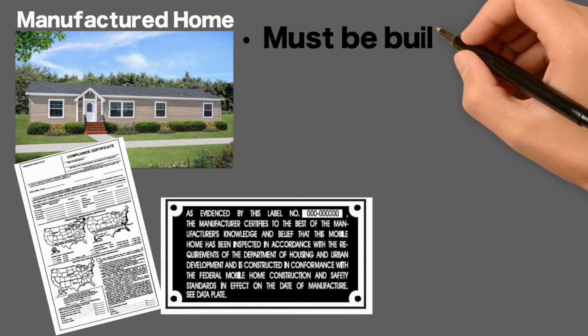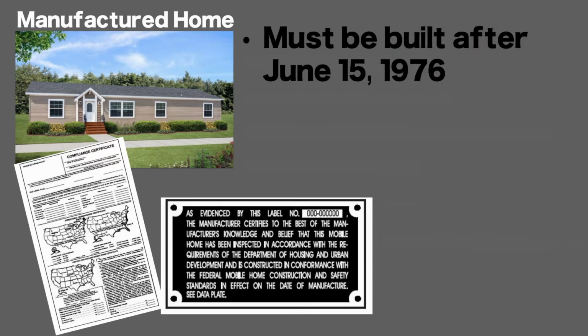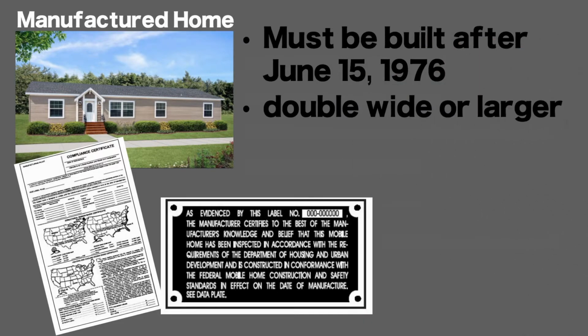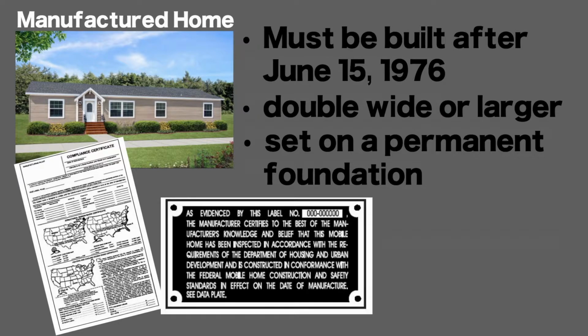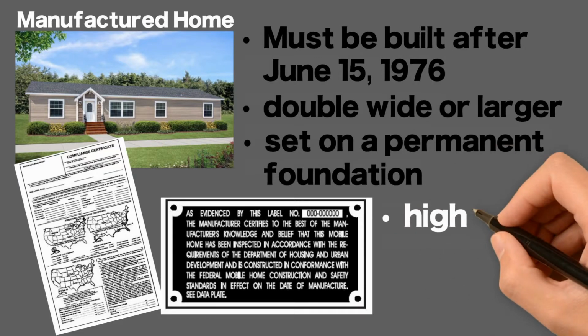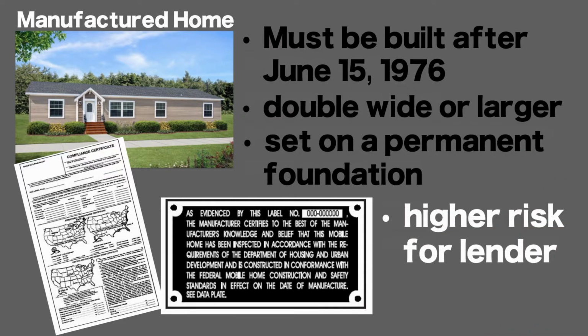It must be built after June 15, 1976. It must be a double wide or larger, and it must be set on a permanent foundation and taxed as real property. A mobile home located in a trailer park is considered a trailer and not considered collateral for GSE lenders. This type of property poses a high risk for the lender.